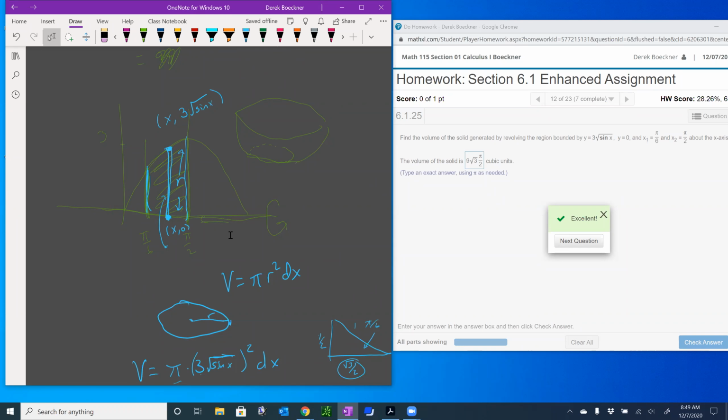Okay, we'll do more of these volumes of rotation tomorrow. More washers, more discs, more shells. So I will see you guys in the morning.